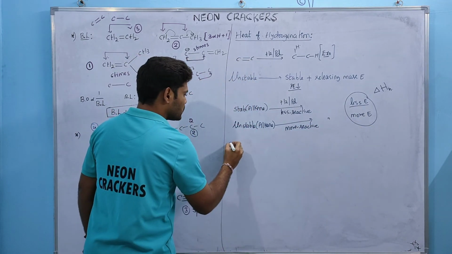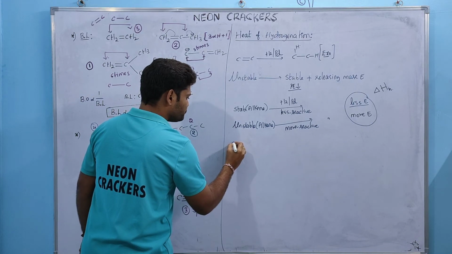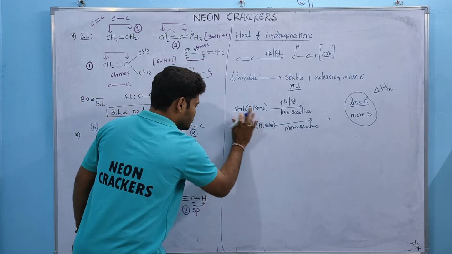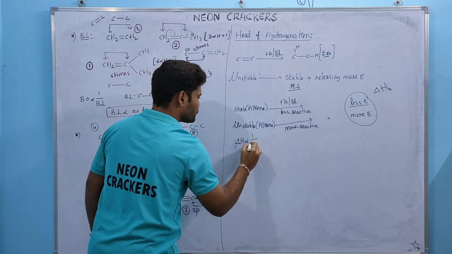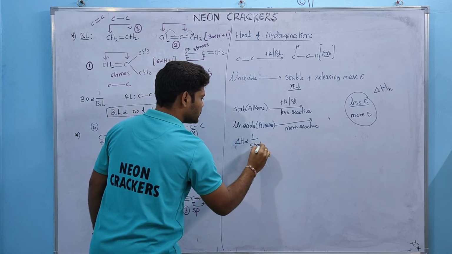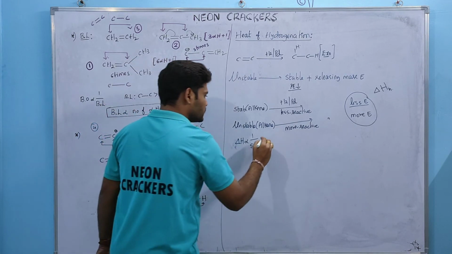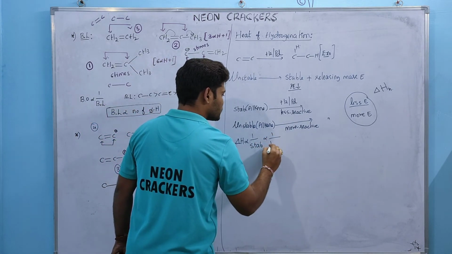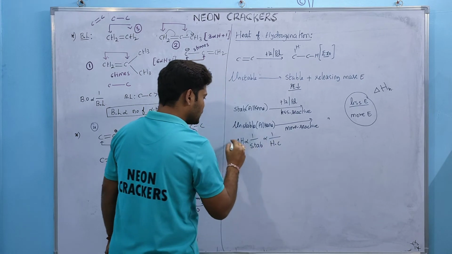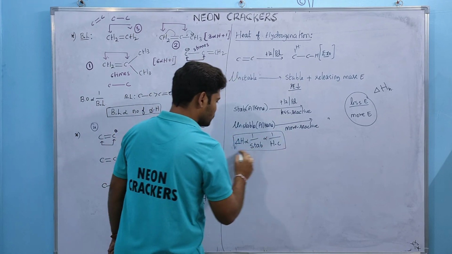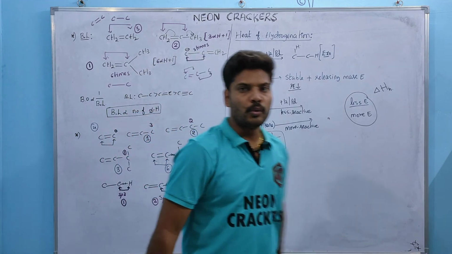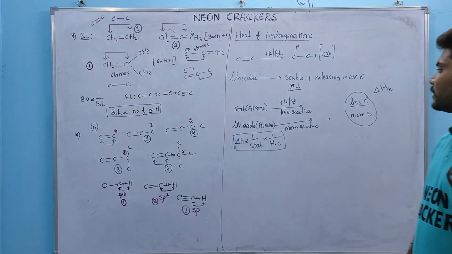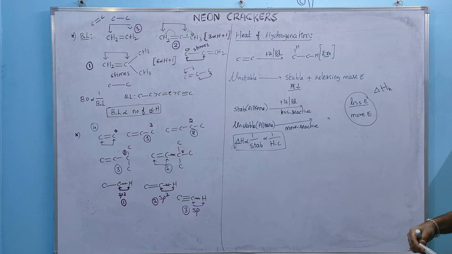Overall, heat of hydrogenation is inversely proportional to stability, which means it is inversely proportional to hyperconjugation, because hyperconjugation and stability are directly proportional. So heat of hydrogenation is inversely proportional to the hyperconjugative structure.